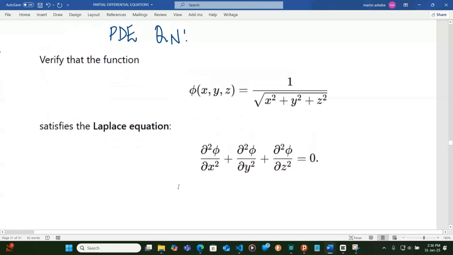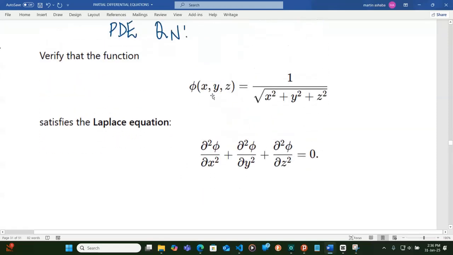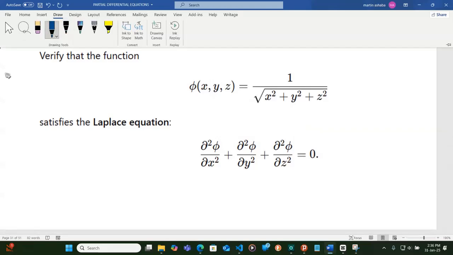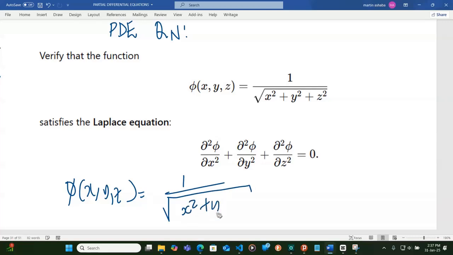So now we are going to right away begin. We have been told that phi(x, y, z) is equal to 1 over the square root of x squared plus y squared plus z squared.